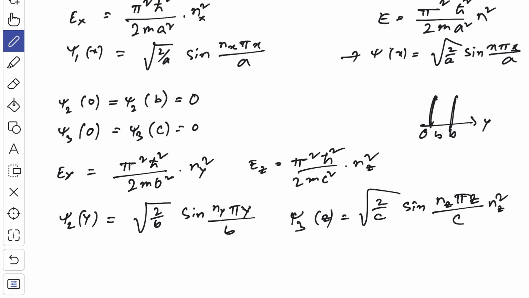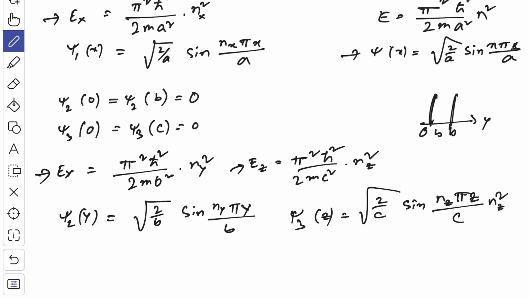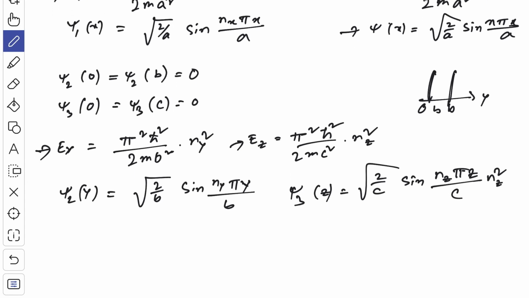Okay, so if you add the three components of energy, then you will get the total energy E, which is equal to Ex plus Ey plus Ez.